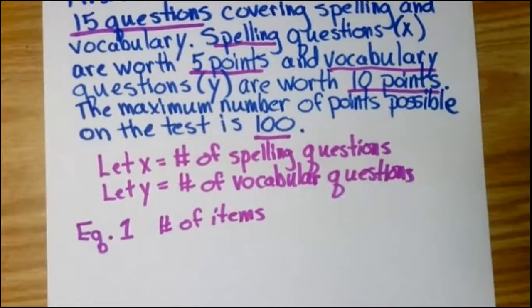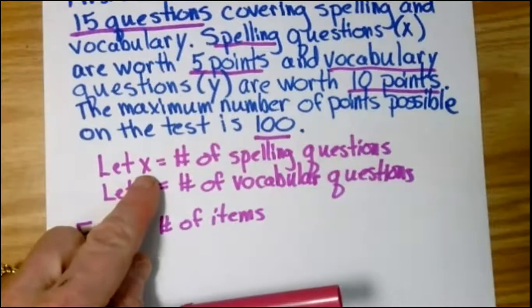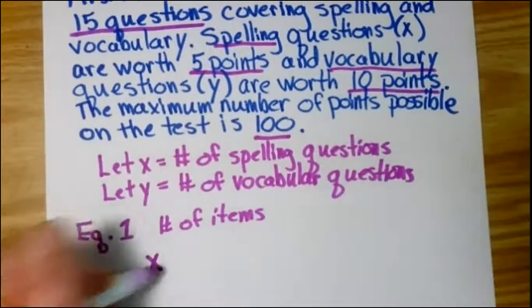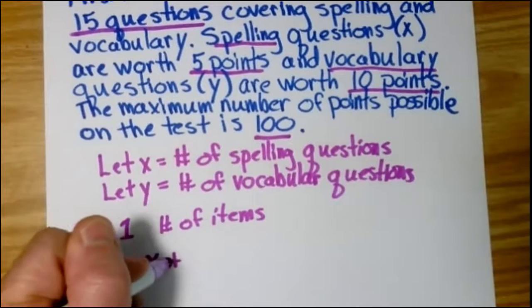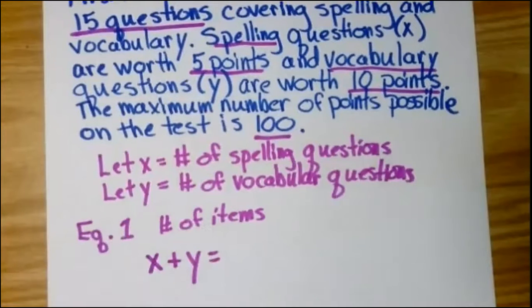Now, in your book, it tells you they want it in slope-intercept form. So we're going to start by putting it in standard form, which is easier to do, understanding it in your mind. It's easier to understand that way first and then to manipulate it. So number of items, well, we know that the number of spelling questions plus the number of vocabulary questions, what does that equal?